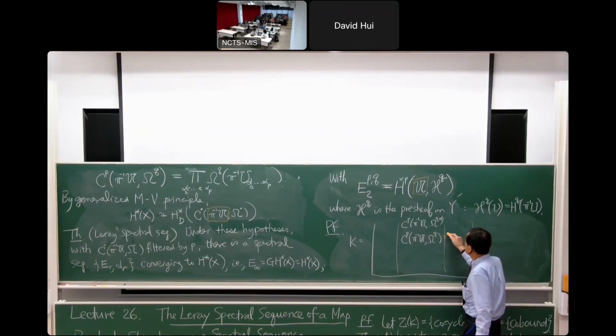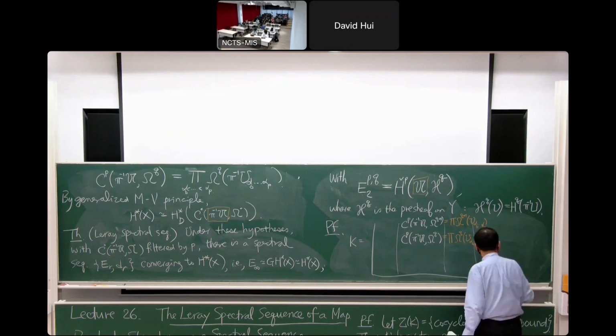This is just the direct product of omega^Q over P+1 fold intersections, and this is omega^{Q+1} over the P+1 fold intersections.